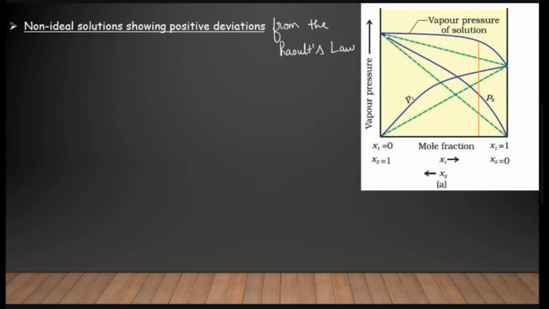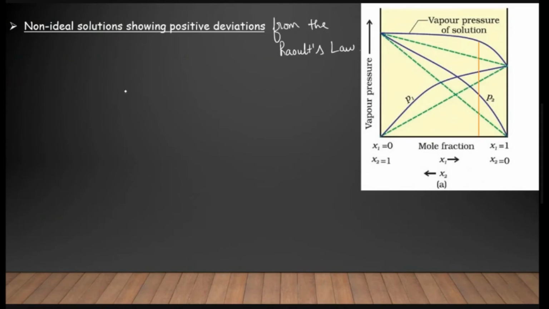Already we have seen the graph which gives a straight line. When you plot vapor pressure against mole fraction, you get a straight line. But along with that, you have a blue colored line which is curve shaped. So it has a certain deviation from the ideal solution.